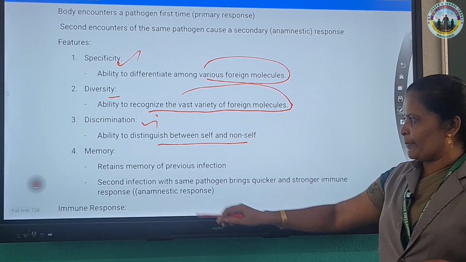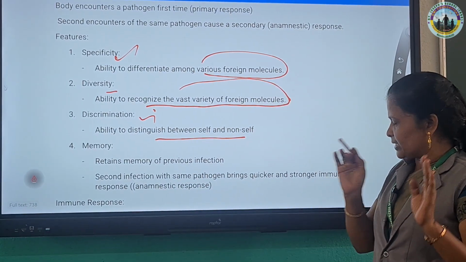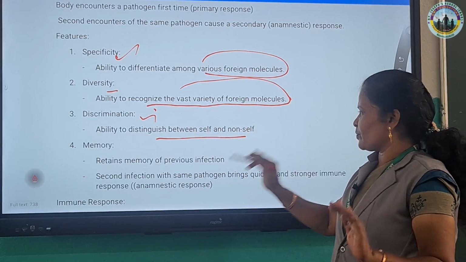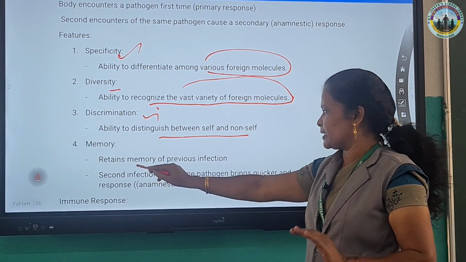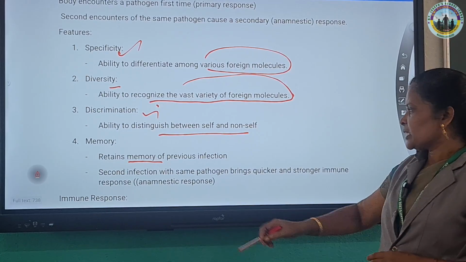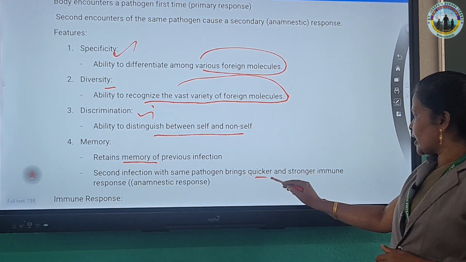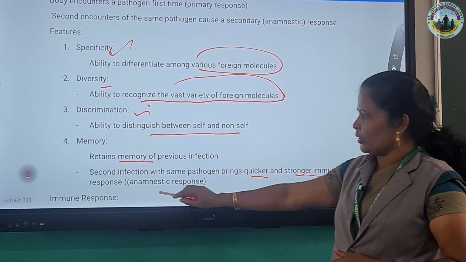The next is memory. We already studied this important character of acquired immunity, memory. It retains memory of the previous infection. Then a second infection with the same pathogen brings a quicker and stronger immune response.